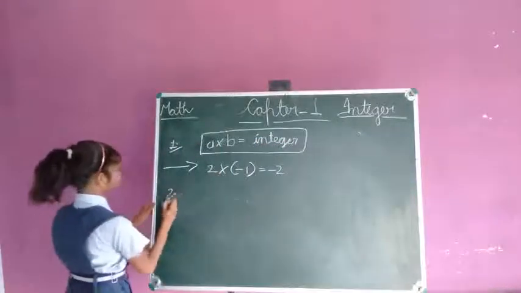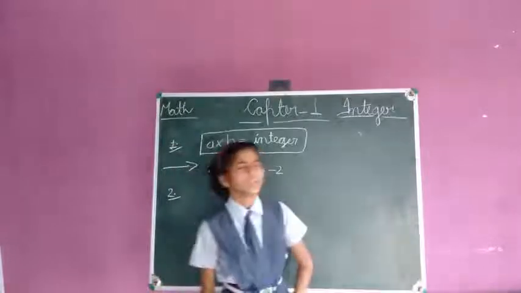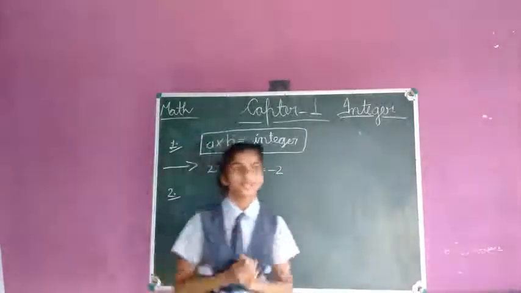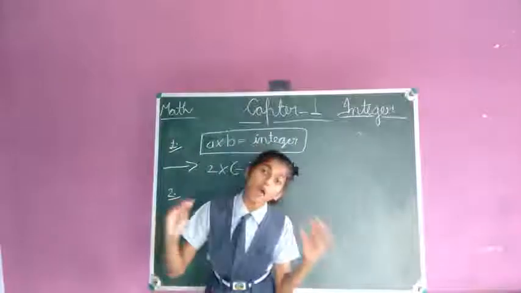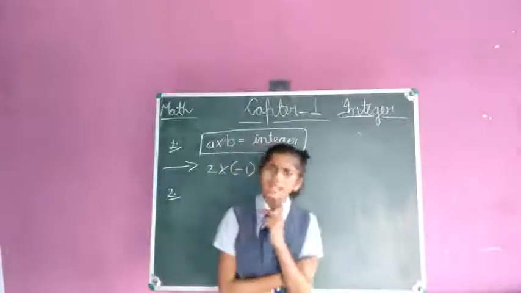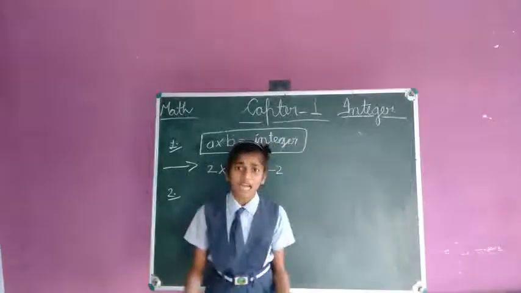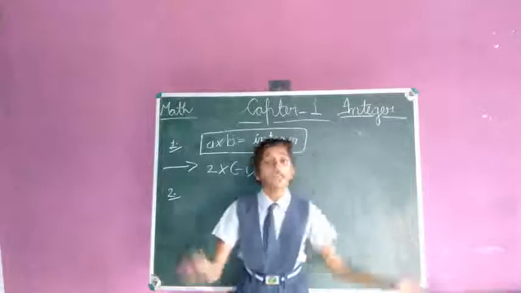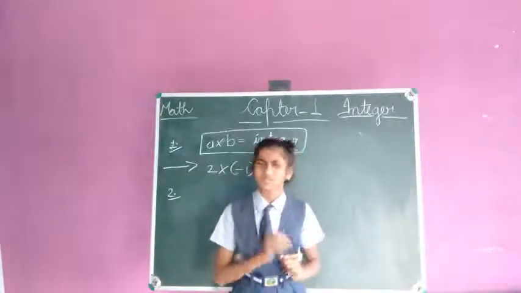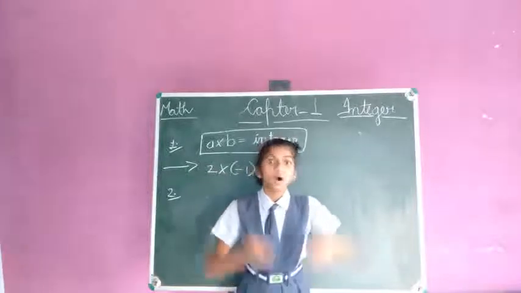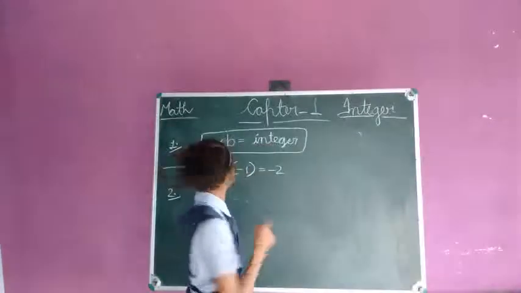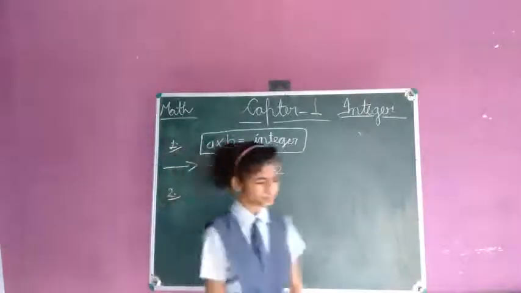Property number 2. So of course, if our first property is so easy, then the second property will also be easy. So it is commutative property. Friends, I remember that we have also learned about closure property and commutative property in addition and subtraction. Oh yes, we have learned about them. So now commutative property, okay?